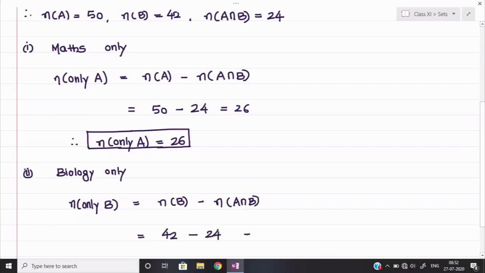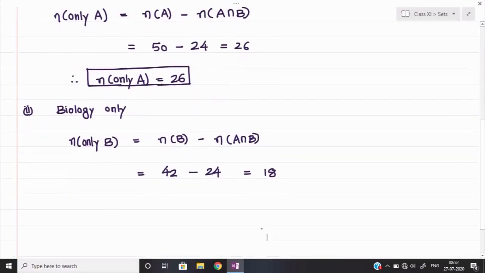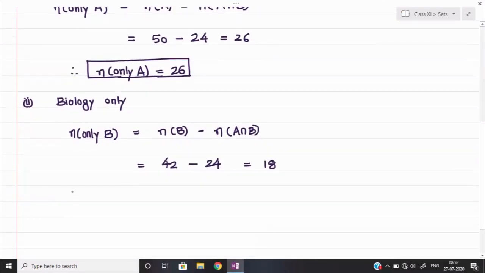I think 42 minus 24 would be 18, right? So n of only B is equal to 18. This is your second answer.